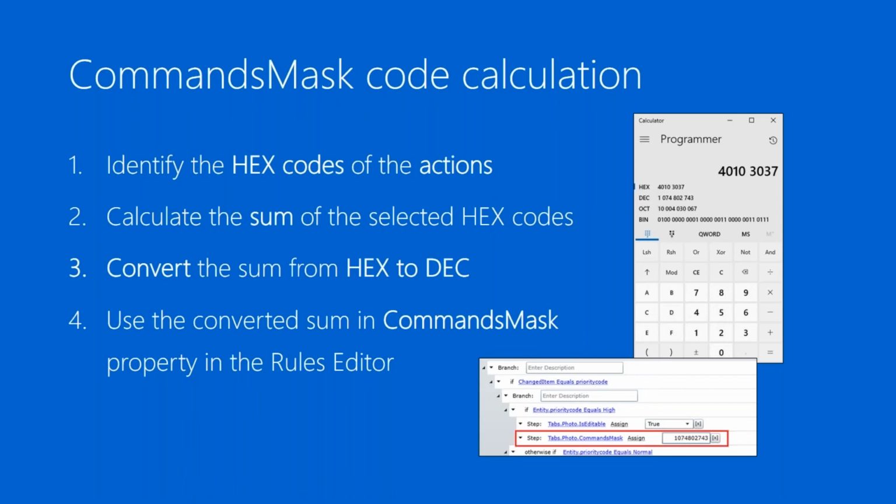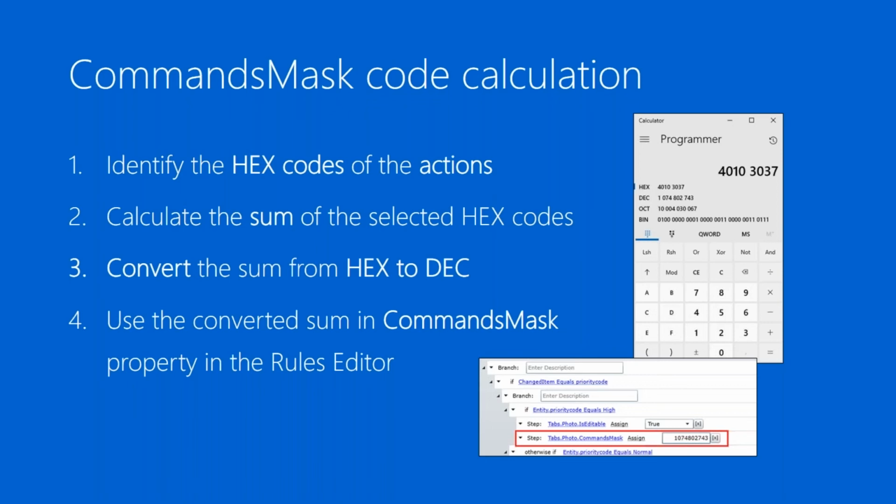In the first step, you simply use the tables that I've shown you earlier and identify all the actions and the respective hexadecimal codes for these actions that you want to use in your business logic. Then you need to calculate the total sum of the selected hexadecimal codes.